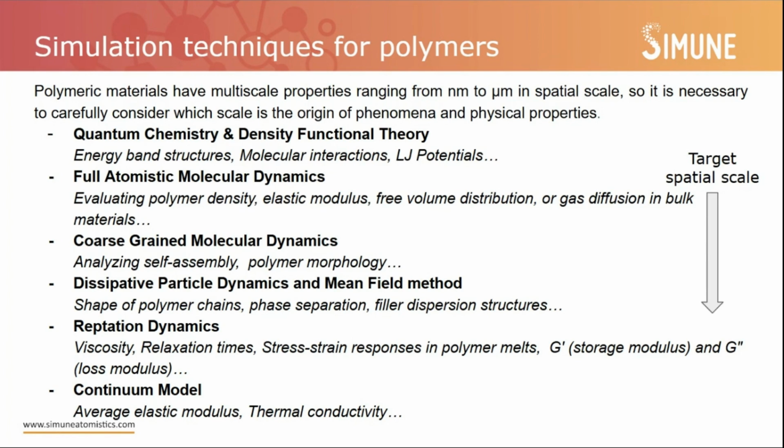I mention this because Lennard-Jones potential can now be used in the next model, which is full atomistic molecular dynamics. Again, you see the connection between the models working at different scales. Full atomistic molecular dynamics is very good for evaluating polymer density, elastic modulus, volume distribution, gas diffusions, and many more.